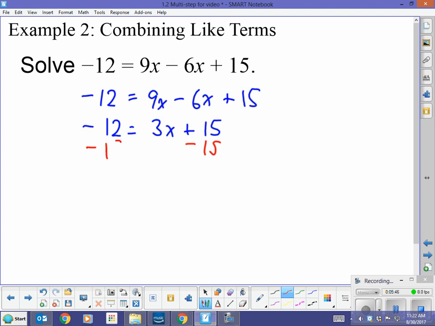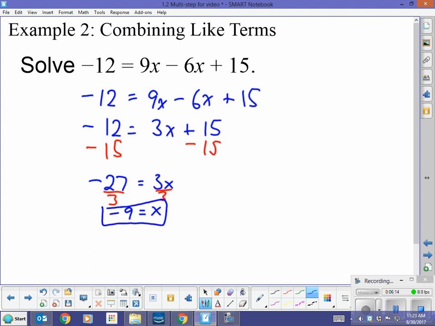So negative 12 minus 15 would be negative 27, equaling 3x. And dividing both sides by 3, let me show my division here. Negative 27 divided by positive 3 is negative 9.